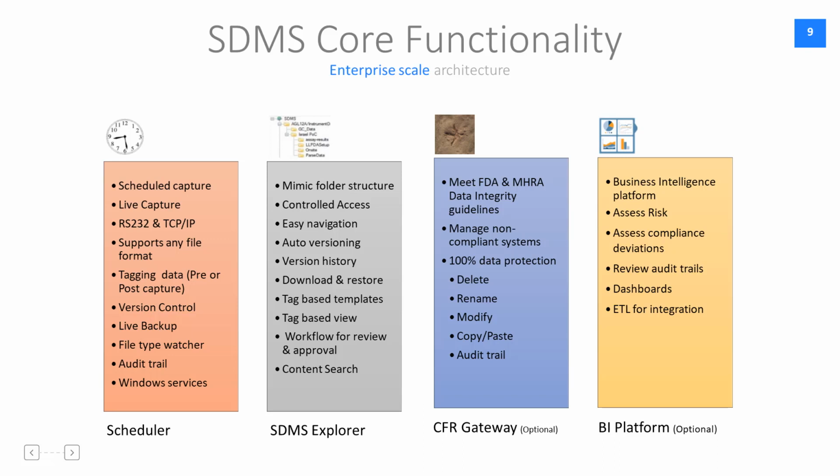Logilab SDMS BI platform will be able to show any risks that are happening inside the system by way of having dashboards so that users can easily see all the events that are happening. You can review audit trails inside the system, and also you can integrate with external systems like ETL based systems so that data from Logilab SDMS can be pushed to external systems.